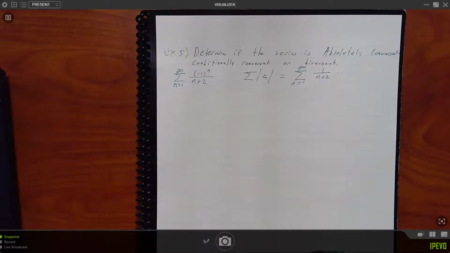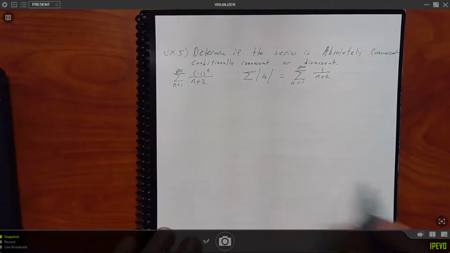Integral would work, but there's an easier one. So what's from last time? Remember, the direct comparison would work. Maybe limit too. Yeah, let's do limit comparison. That one looks kind of easy.